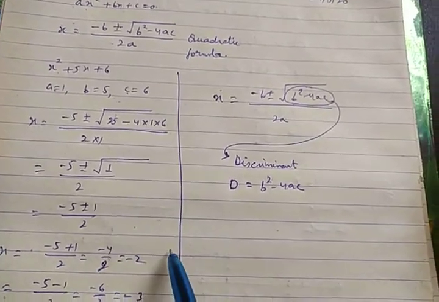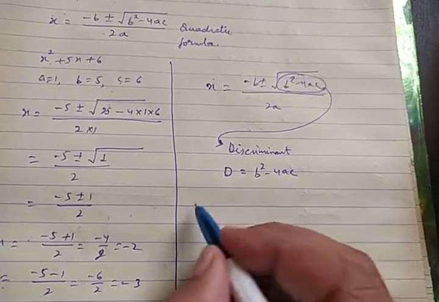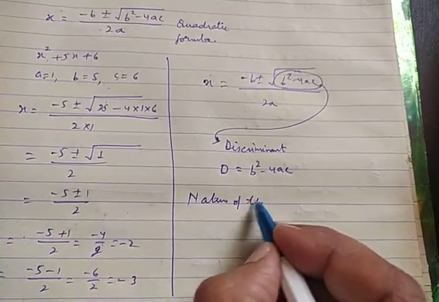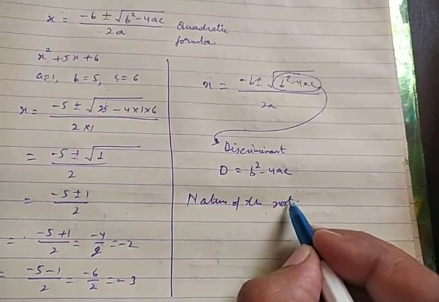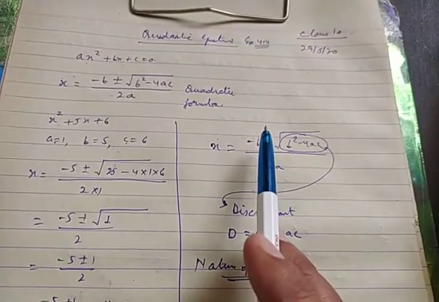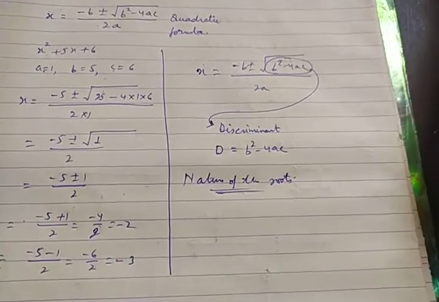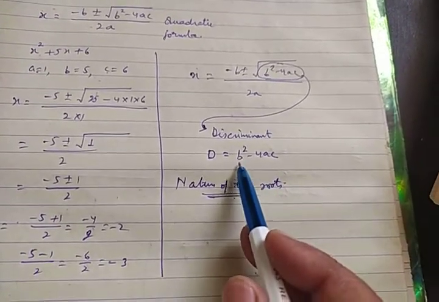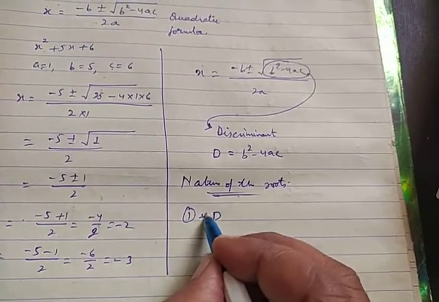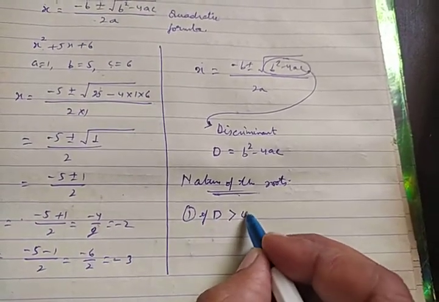Without solving the equation, we can discuss the nature of the roots. Basically this is the topic of Exercise 4.4, nature of the roots. On the calculation of D, there would be situations arising. First situation, if D is greater than 0.